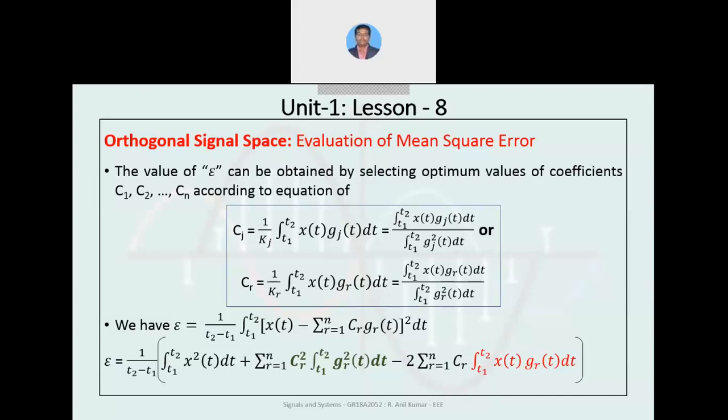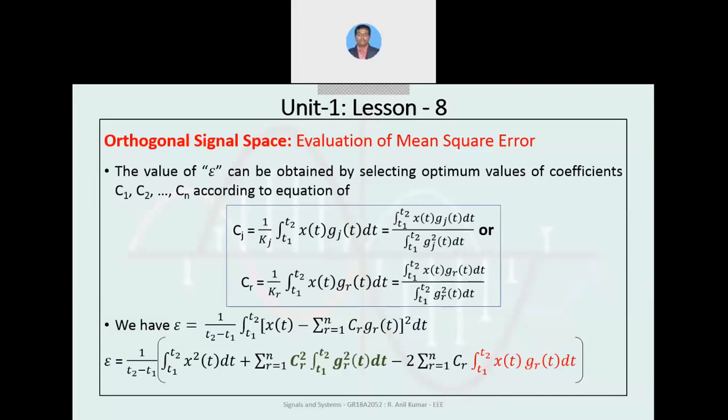Similarly, for another signal r, just replace the term j with r. So r indicates the other signal, and for it we express the value of magnitude.